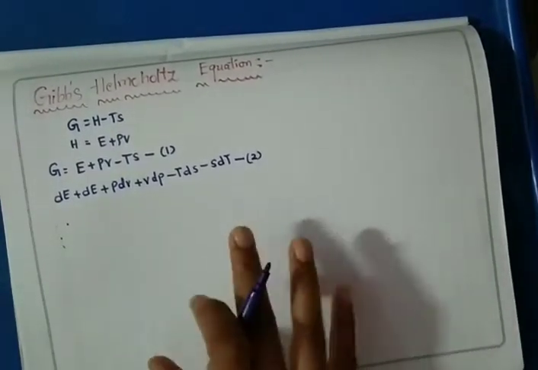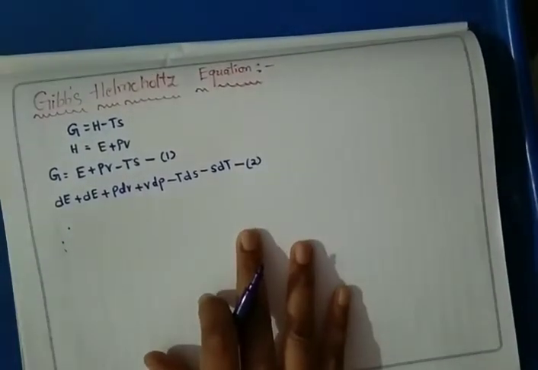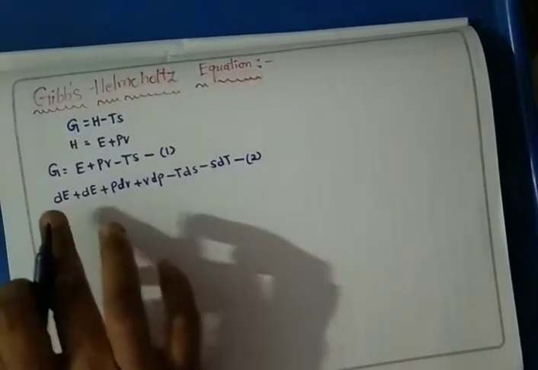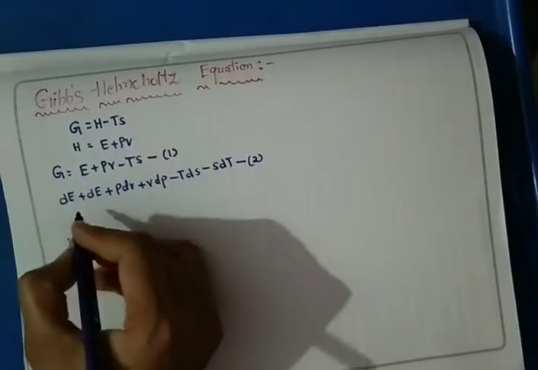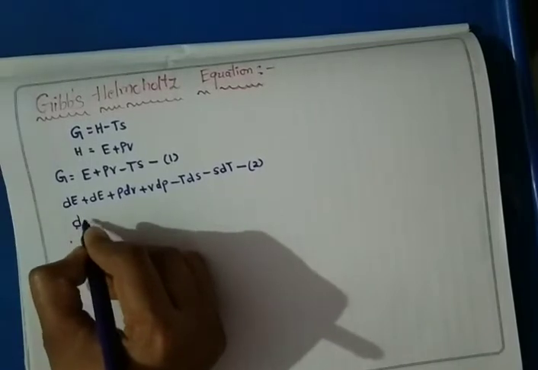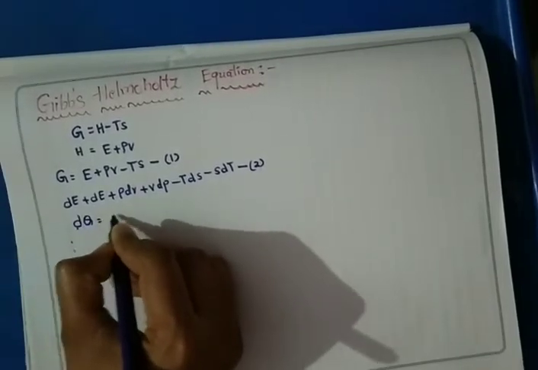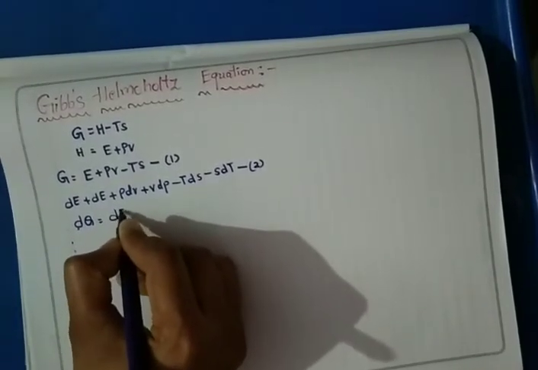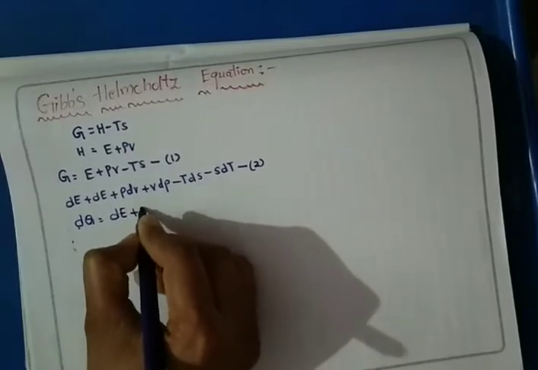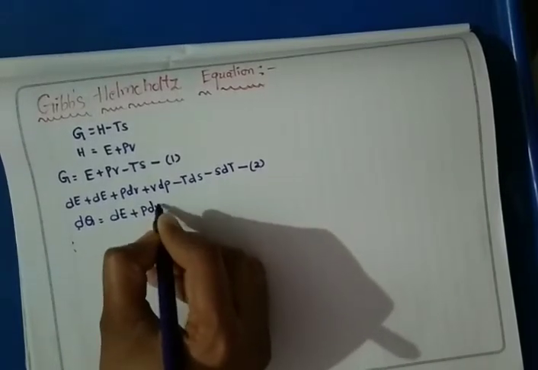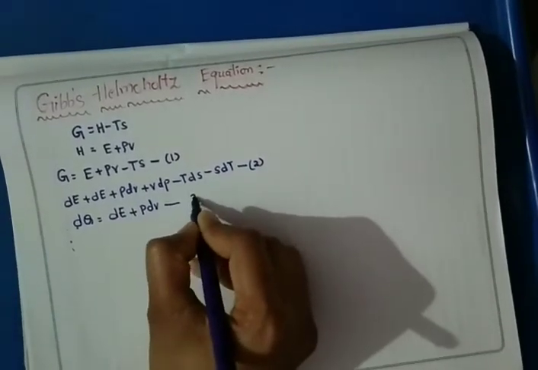But according to the thermodynamic first law, dq is equal to dE plus PdV. So this is equation number 3.